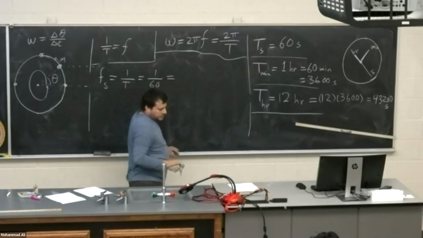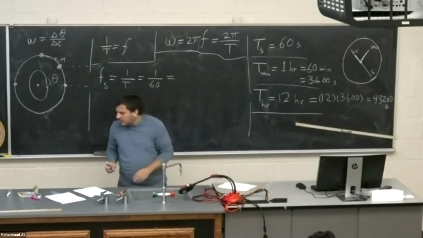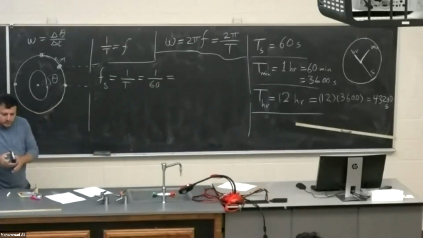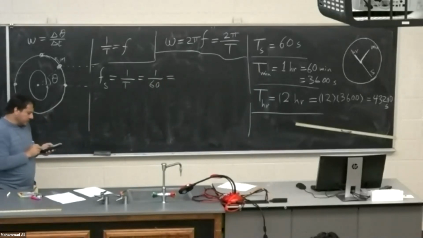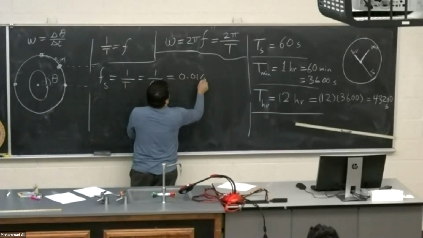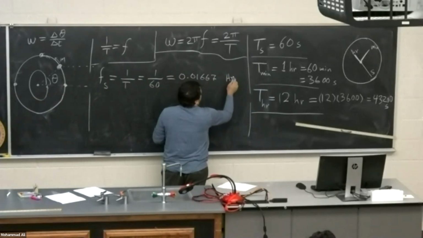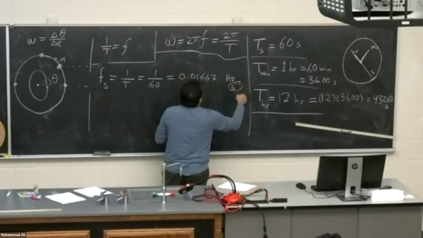I'll calculate it. 1 over 60 is equal to 0.01667. What is the unit? It is hertz, or second to minus 1, or 1 over second.